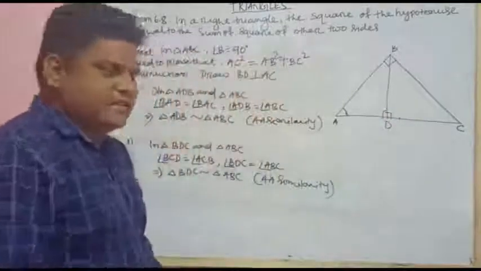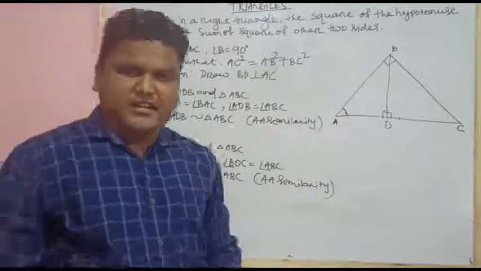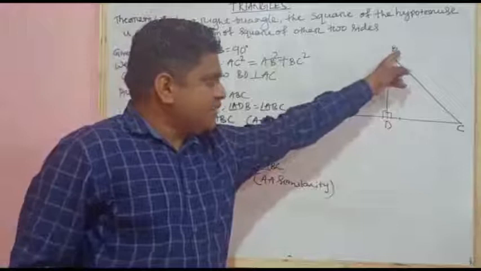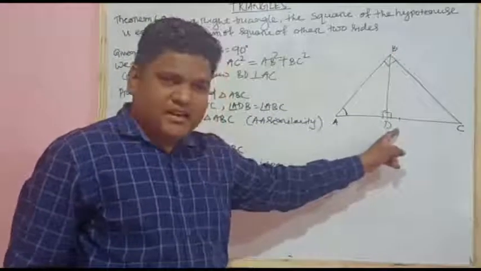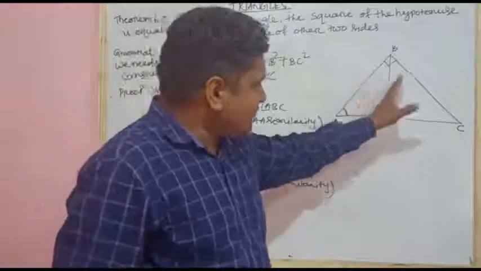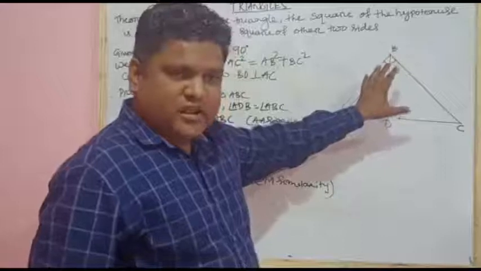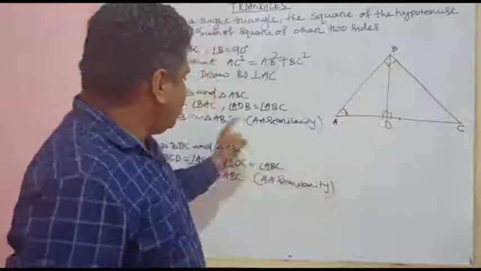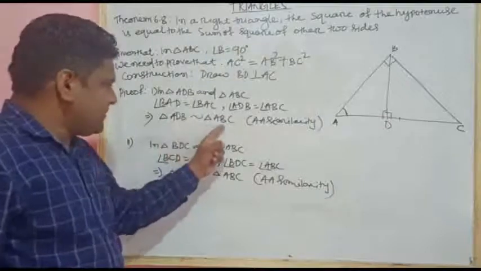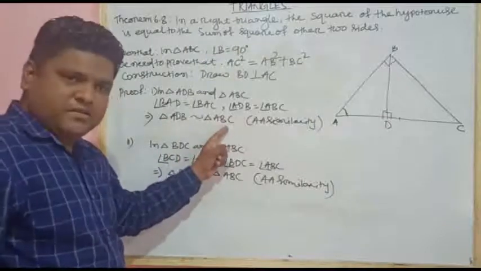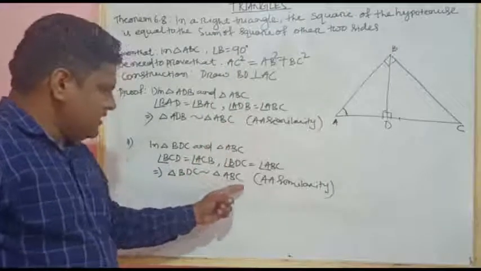From the previous theorem, we have already learned that if a perpendicular is drawn from the vertex of the right angle of a right triangle to its hypotenuse, then the triangles on both sides of the perpendicular are similar to each other and also similar to the whole triangle. So triangle ADB is similar to triangle ABC from the previous theorem, and triangle BDC is similar to triangle ABC.